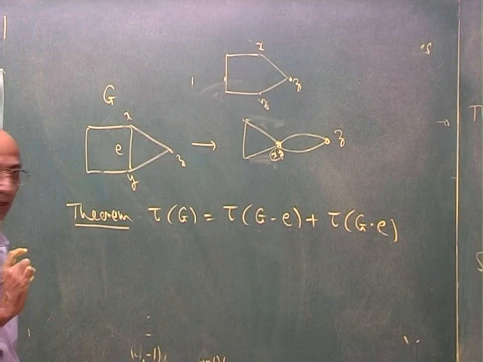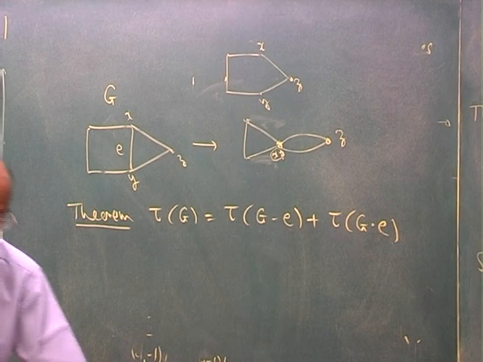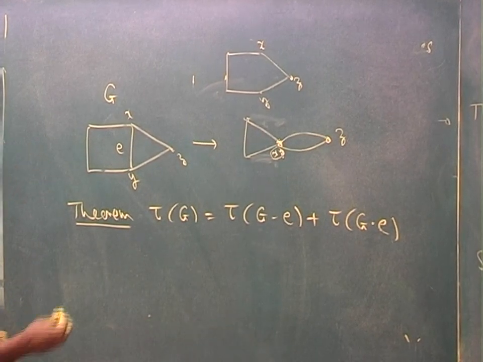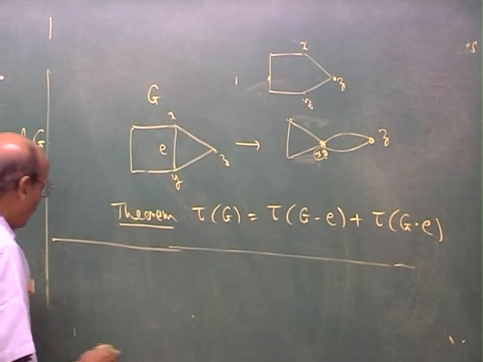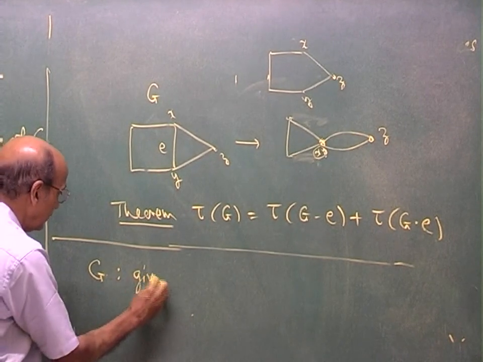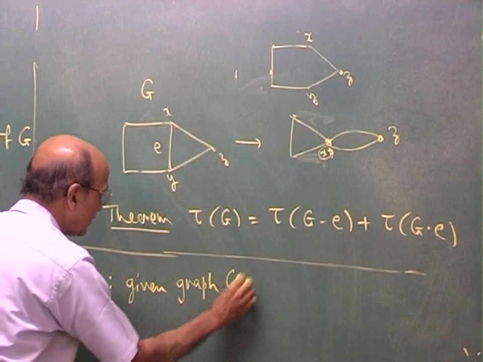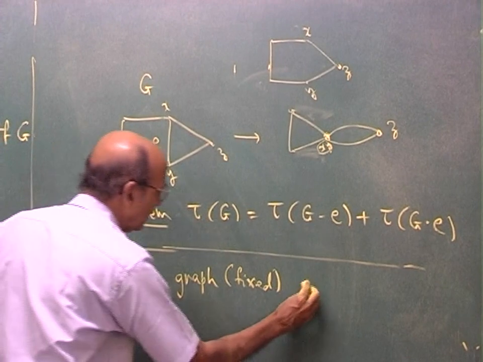In order to handle things in general, there is a general enough theory that one has to develop. I'll begin discussing it today, and in the next class we should be able to finish it off. What you have now is G is a given graph. Fixed. In fact, you can assume that it's a simple graph.